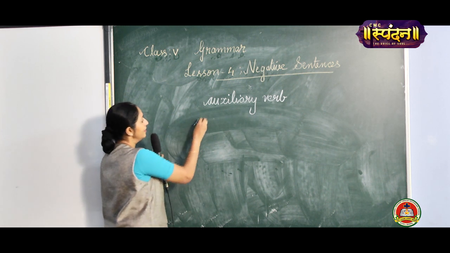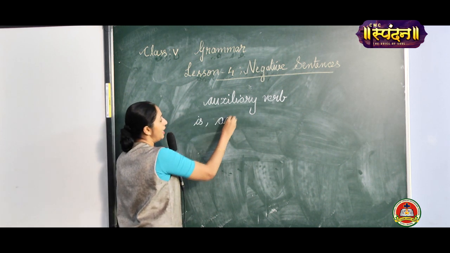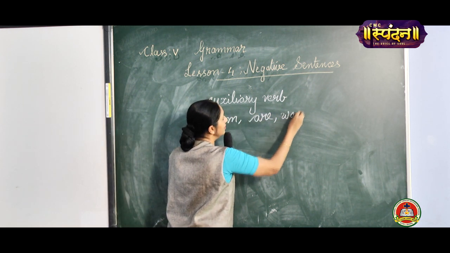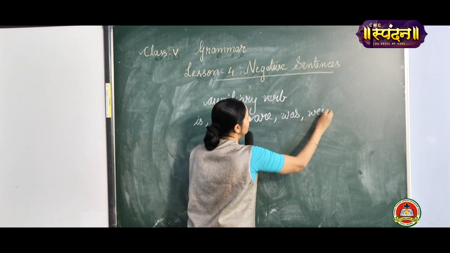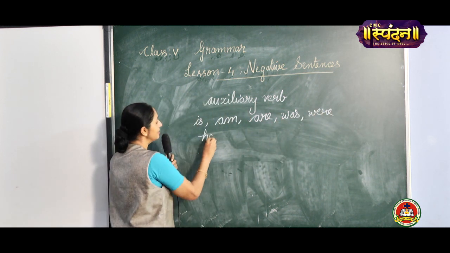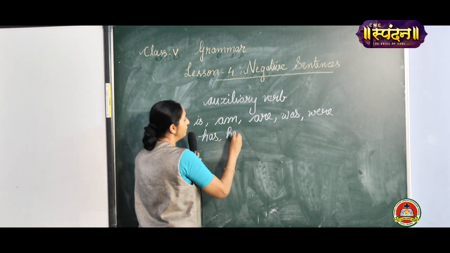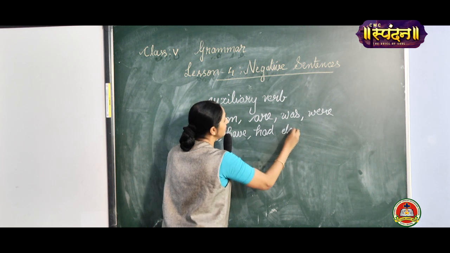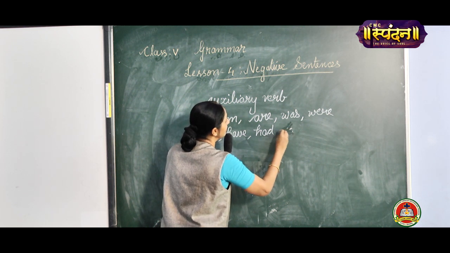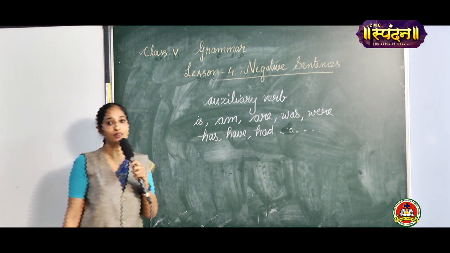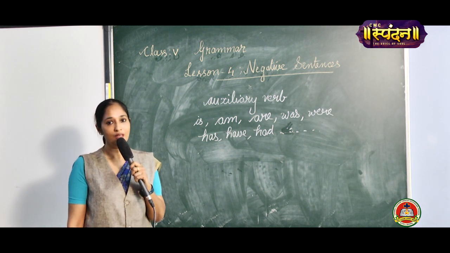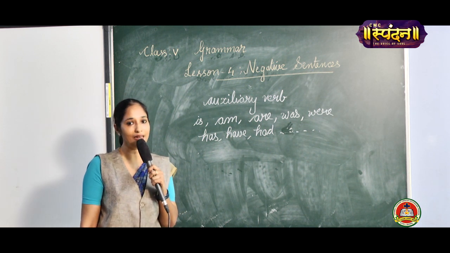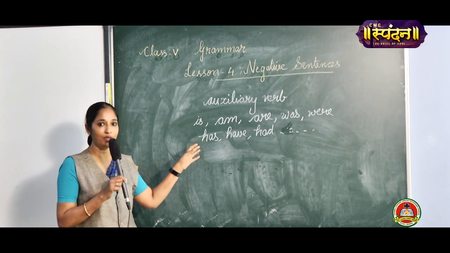Words like is, am, are, was, were, has, have, had, etc. are called auxiliary verbs. They are otherwise called helping verbs. You have learned it in class 3 and class 4 as helping verbs.